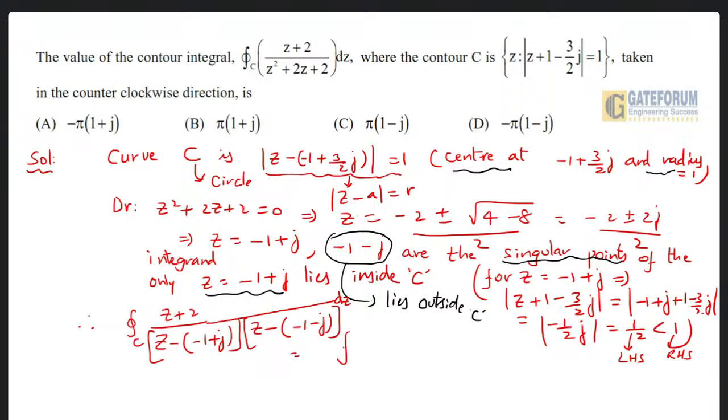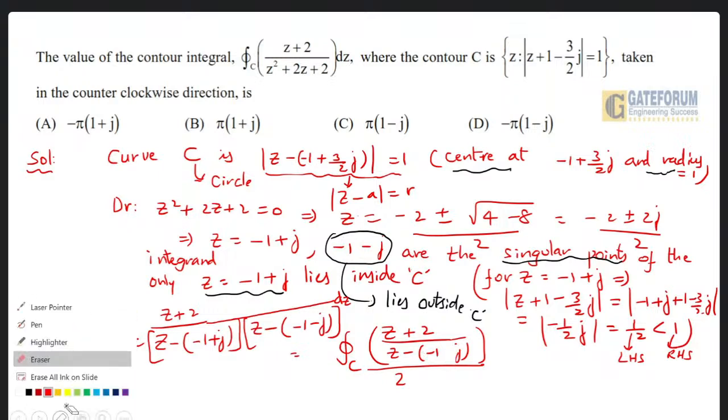So this can be expressed as z plus 2, put in brackets, divided by z minus of minus 1 plus j. Oh, sorry, this is the numerator. We have to put this first factor in the denominator, and this one is shifted into the numerator. So it is better to write minus 1 minus j.